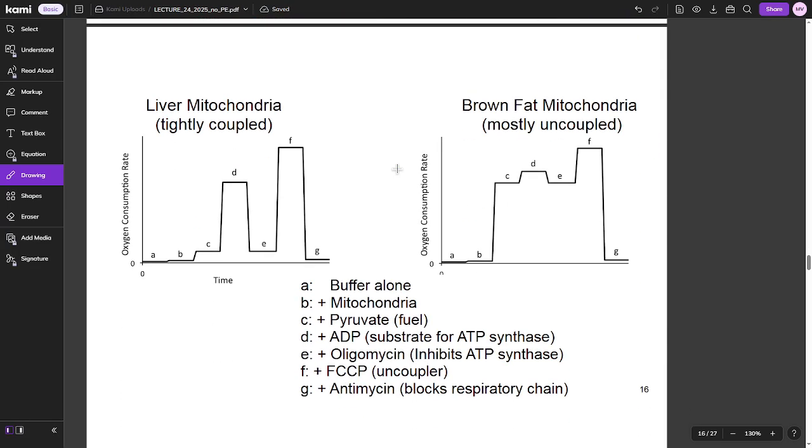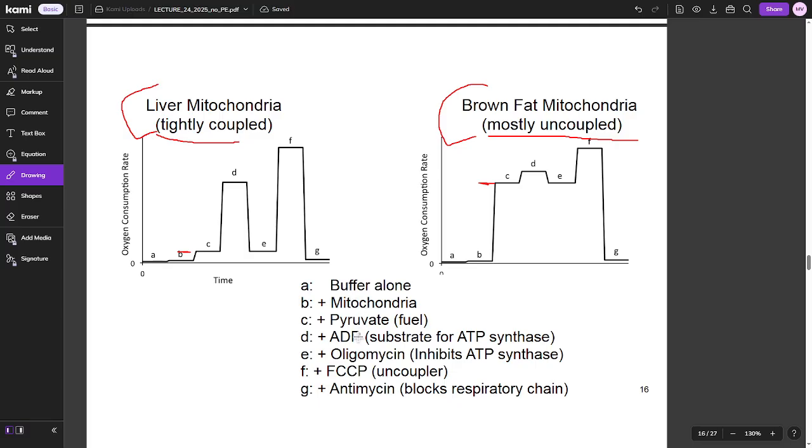And here you can look at brown fat versus liver mitochondria, so uncoupled versus tightly coupled. You can see if we have the buffer and mitochondria, oxygen consumption is pretty low for both. If you add pyruvate, you can see that the oxygen consumption here is massive compared to this, way bigger.